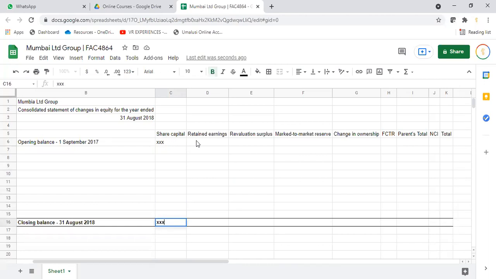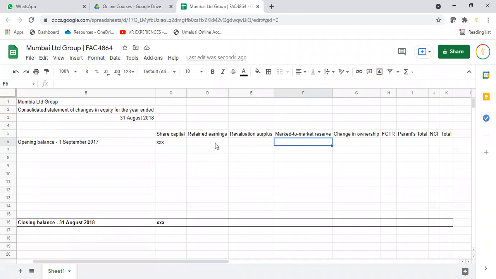Then we're going to have retained earnings. The opening balance of retained earnings is one of the most challenging calculations, so I'm going to give you a separate formula for how to calculate it. If you can calculate the retained earnings, you'll be able to calculate the revaluation surplus and mark-to-market reserve.